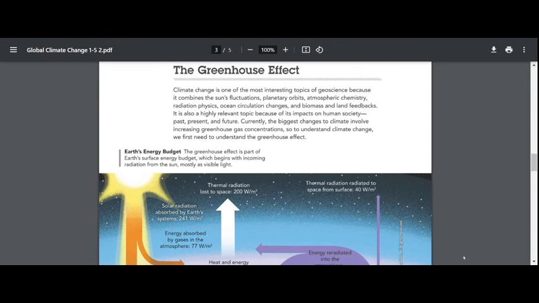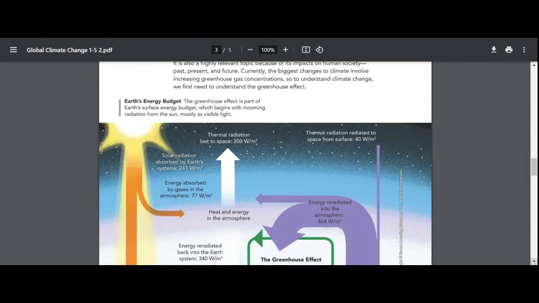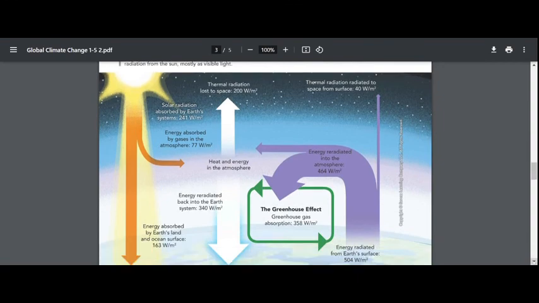Okay, so this diagram here illustrates the Earth's energy budget. The greenhouse effect is part of Earth's surface energy budget, which begins with incoming radiation from the sun, mostly as visible light.